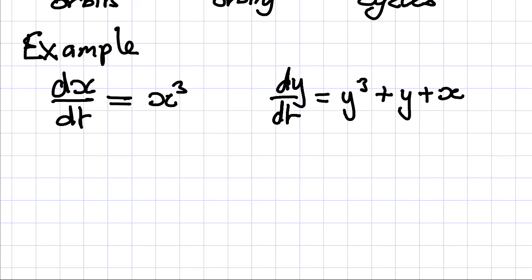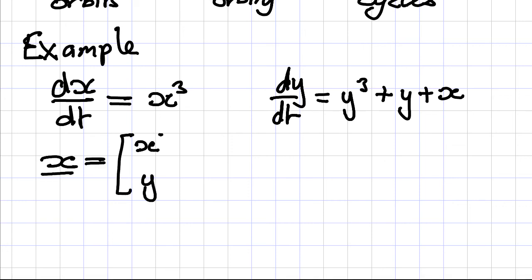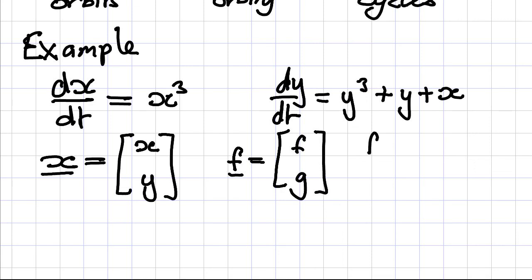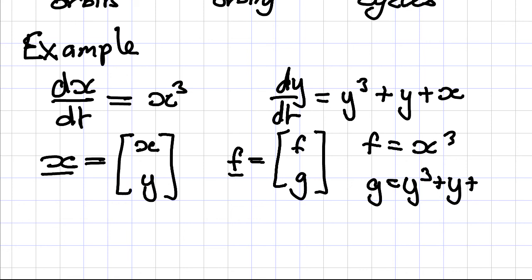So if we're going to write these in vector form, then my vector x would be x, y, and my vector f would be f, g, where f is x cubed and g is y cubed plus y plus x.